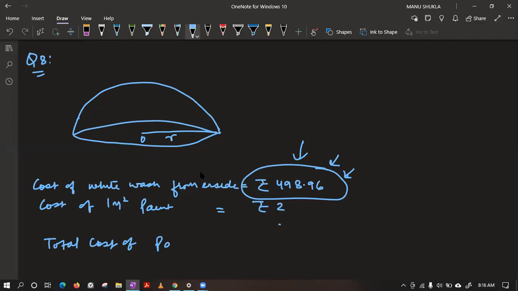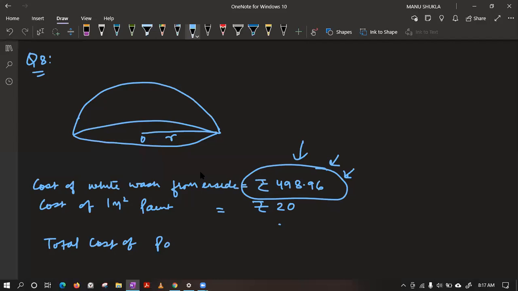In yours, is it 20 rupees? Others, please confirm. In my book, it is 2 rupees. Garima is also saying 20 rupees. Then maybe mine is an older version. So let's take 20 rupees only. So the cost of painting 1 meter square is rupees 20. Okay, some have 2, some have 20, maybe due to different versions. So you can go as per your one, no problem.